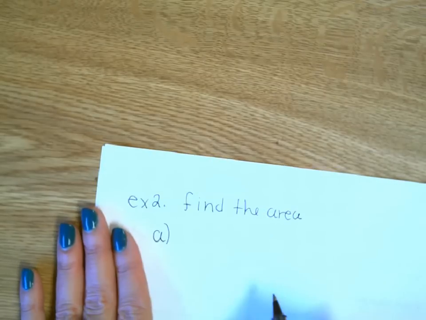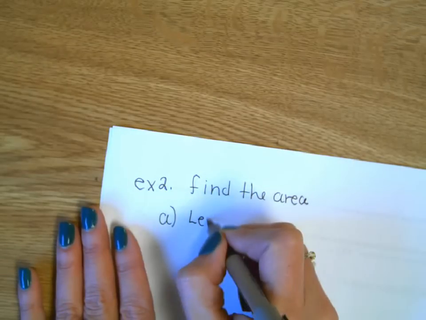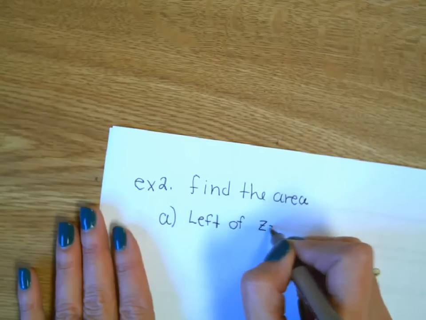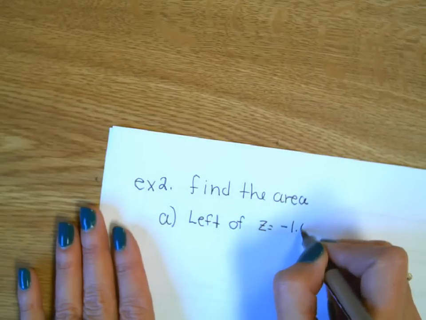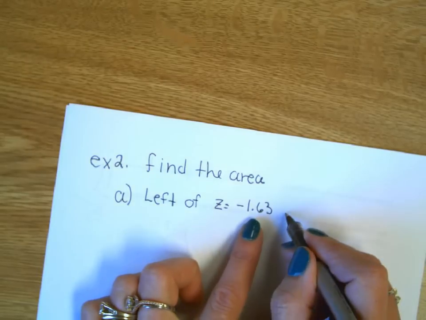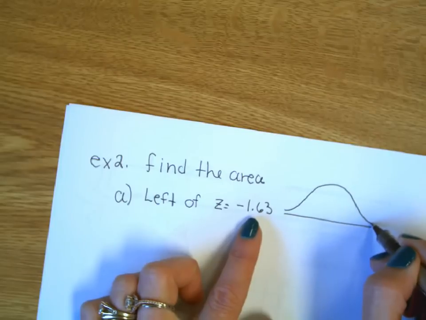In our first one, I want you to tell me how much area is to the left of z equals negative 1.63. I first want you to sketch this, so sketch a normal curve.